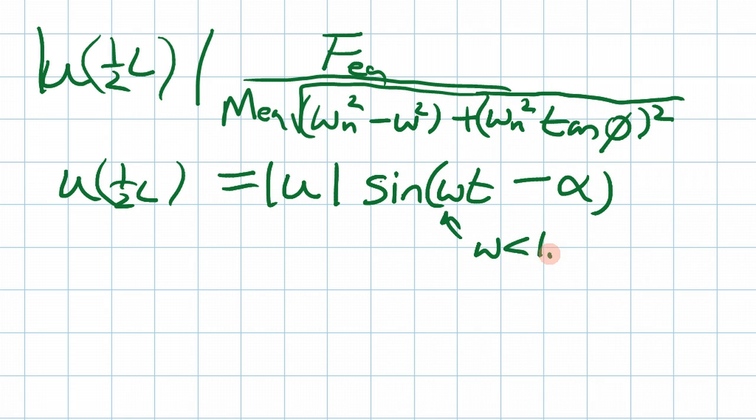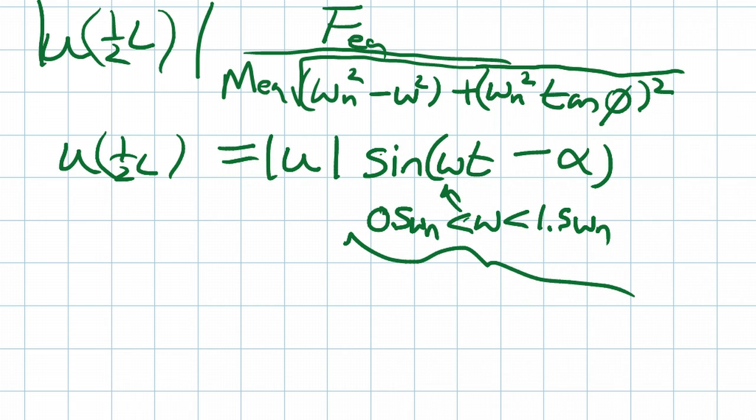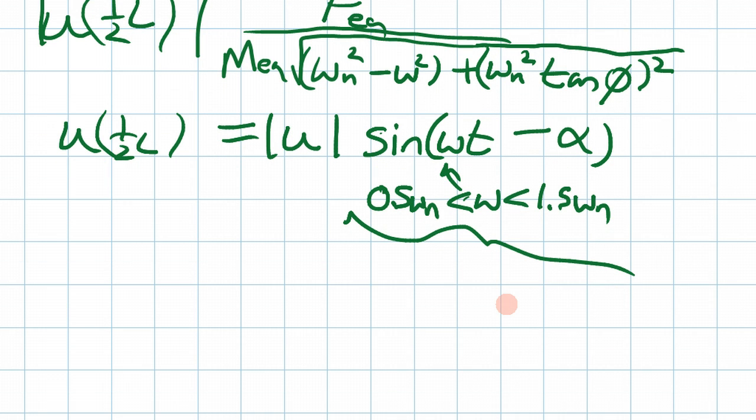So we can say it's less than 1.5 times the resonance frequency, and greater than 0.5 times the resonance frequency. In this range, approximately, this model is good, because we're assuming that the mode shape or the effective stiffness of the material is equal to the effective stiffness at the resonance frequency. And this is how we're deducing a one degree of freedom system model from a more complex model. Let's continue.